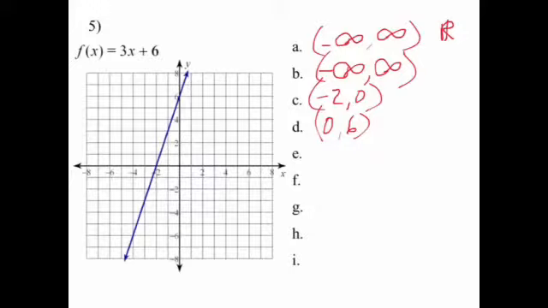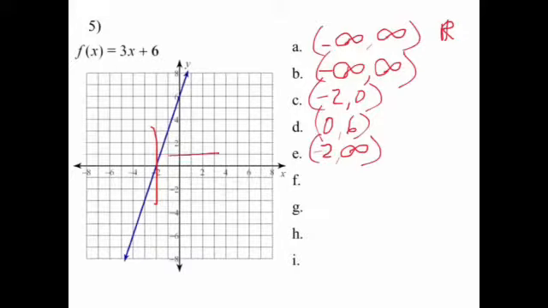On E, we need to figure out where our interval is positive. Well, right here at the x-intercept is where it crosses the x-axis, so it switches from being positive to negative and vice versa. To the left side is where it's negative, and to the right is where it's positive. So for the right side, it starts at negative 2 and goes on forever to the right.